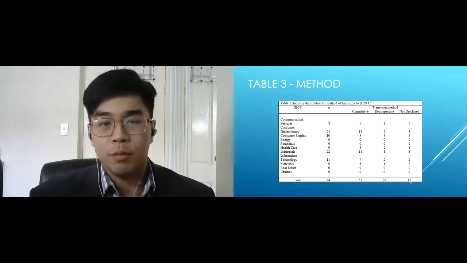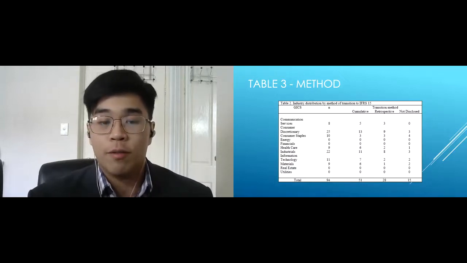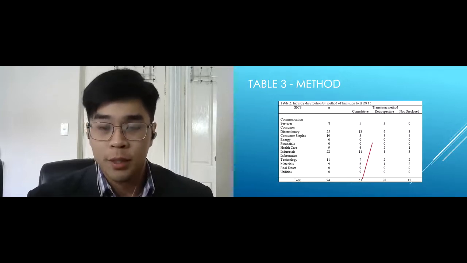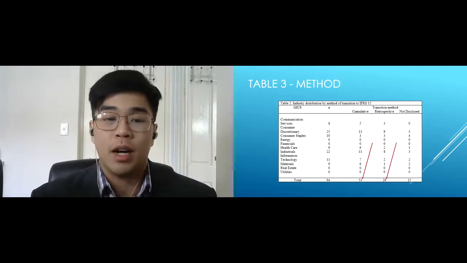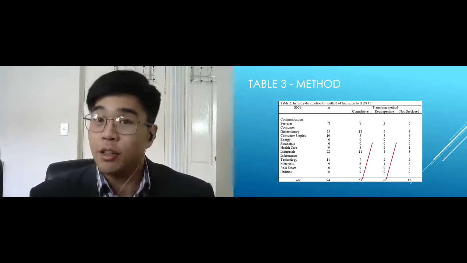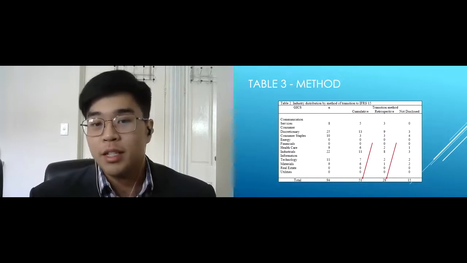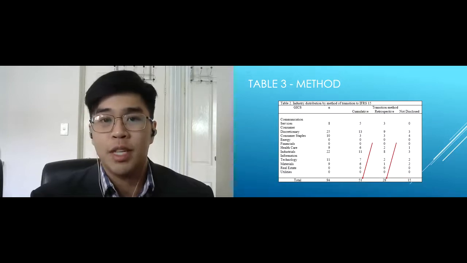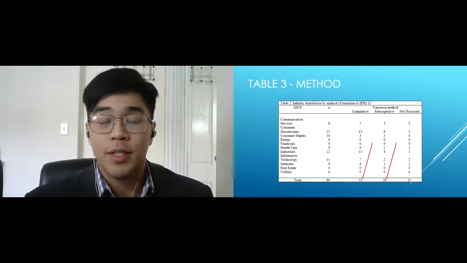So just to show, out of those 94 firms, 51 used the cumulative approach, 28 chose to use the retrospective approach, and 15 did not disclose what method they used. And so as you can see here, most firms elected to choose the reduced disclosure method in transitioning to IFRS 15.